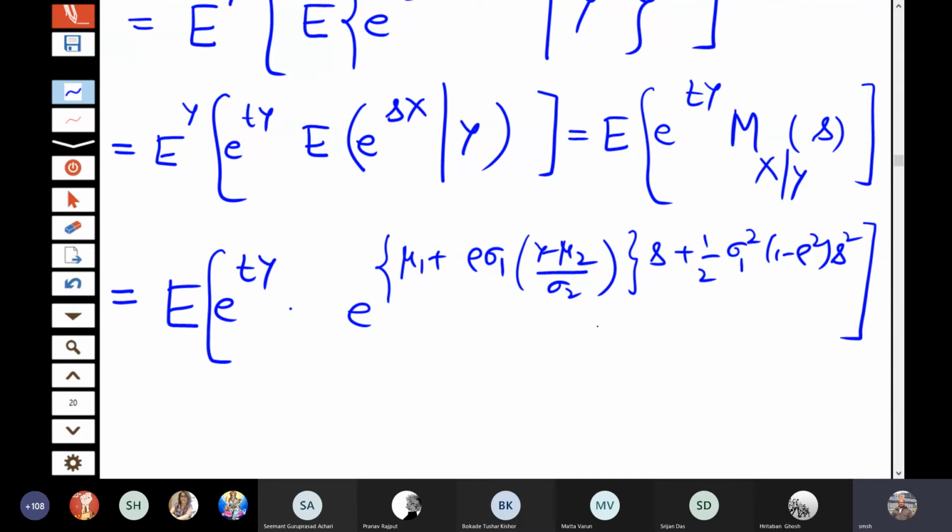We will have to do some simplifications here. Let us take out all the terms which are of constant nature.